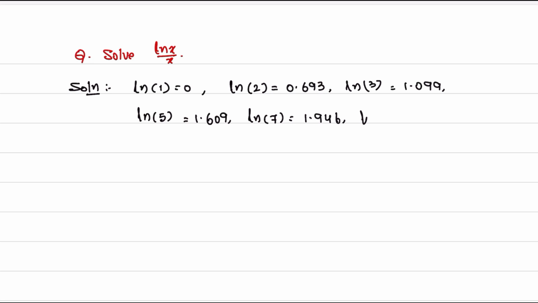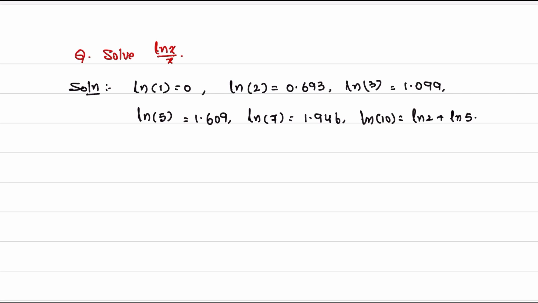And ln 9 is nothing but 2 into ln 3, because 9 is equal to 3 square. ln 10 is equal to ln 2 plus ln 5.